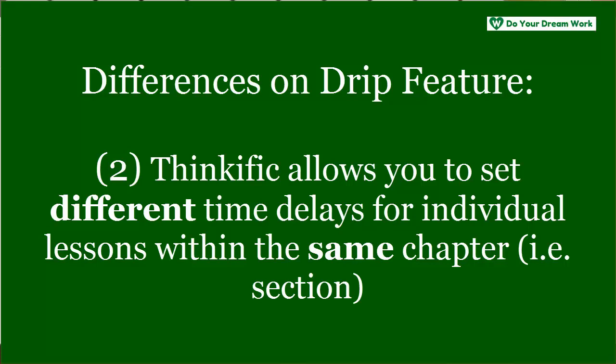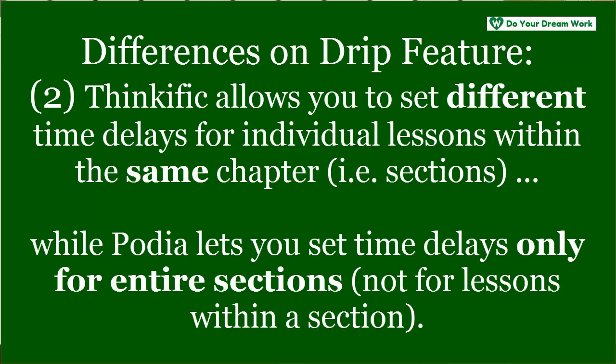And on Podia, you're only able to set a time delay for the entire section. So you can't set a different time delay for the lessons within the same section. In other words, you can't have lesson 2 be available 2 days after lesson 1 is available, for instance, if they are part of the same section. So again, you can only set up time delays for entire sections on Podia.